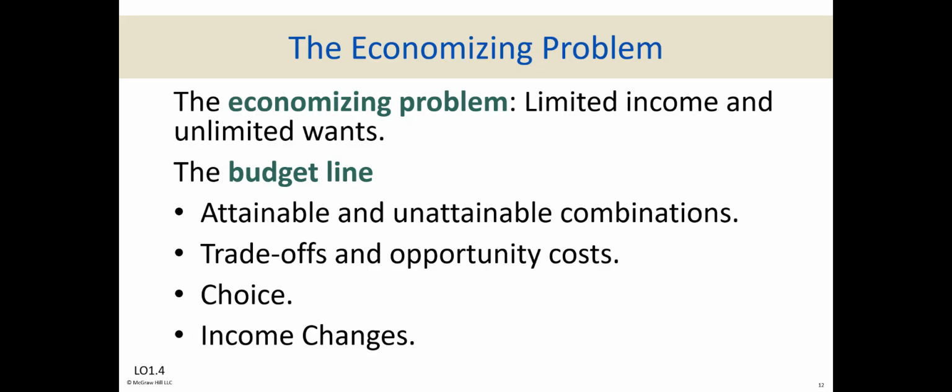For this model, we are going to use only 2 goods. I know you buy lots of goods during the month in real life, but in order to understand the concept, we will use only 2 goods. And I will show you attainable and unattainable combinations and talk about trade-off and opportunity cost on the budget line. So budget line represents choices, and as income changes, your budget line can shift as well.